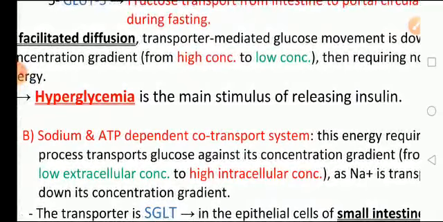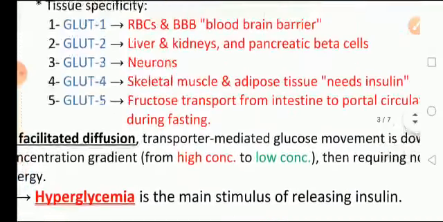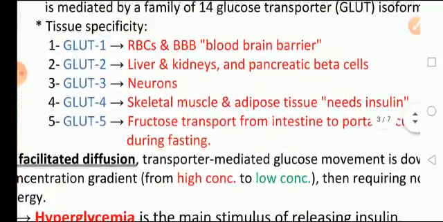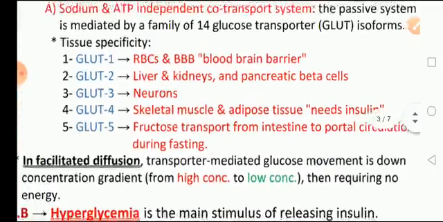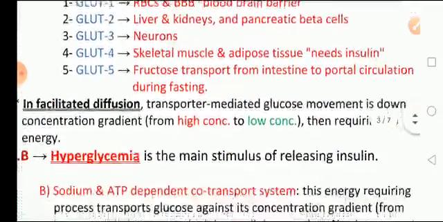This requires insulin. This insulin will act on the GLUT4 and the GLUT2, for example, to cause the liver, skeletal muscles and adipose tissues to take up the extra glucose from the blood to be stored or metabolized.